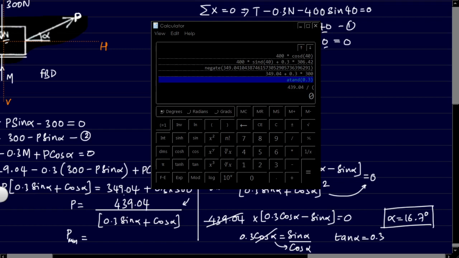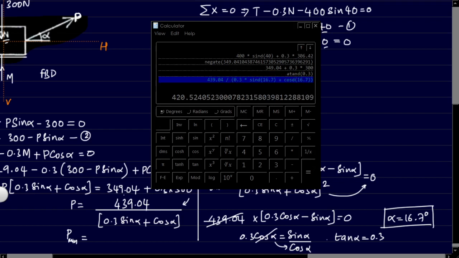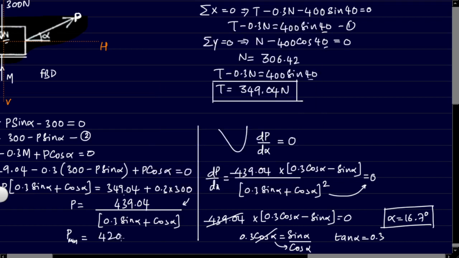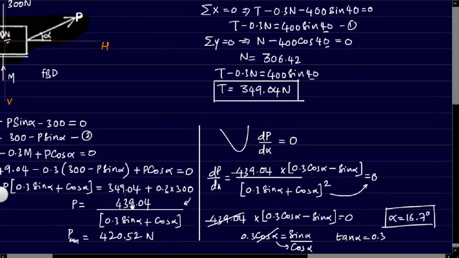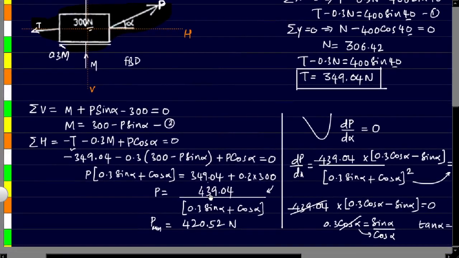I'll just put a bracket here. 0.3 times sine of 16.7, plus cos of the angle, so cos of 16.7. Now let me close the bracket and find the total value. So we are getting 420.52 newtons.